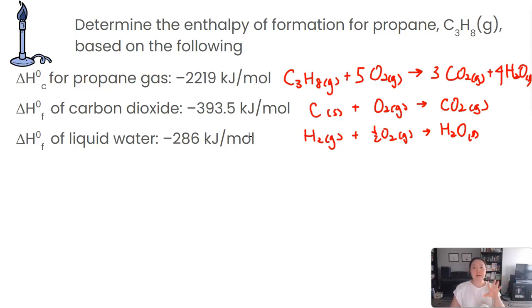Now, let's look at what we need our final equation to be. It's asking for the enthalpy of formation for propane, so it's for 1 mole of propane from its elements in standard state. So this is the final equation that we need. Now we need to figure out how we can use this to get here.